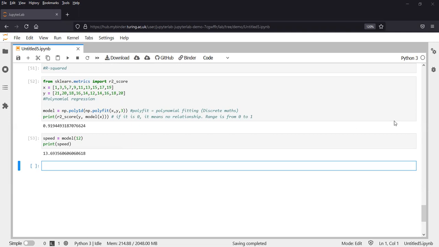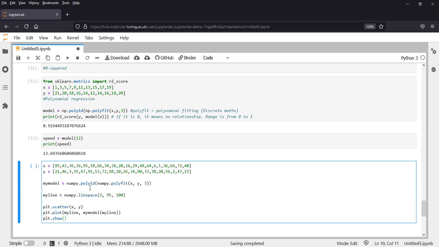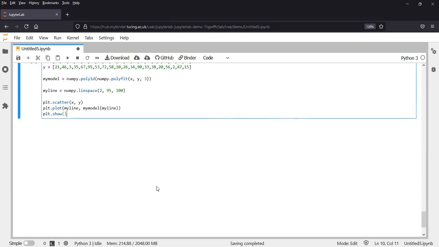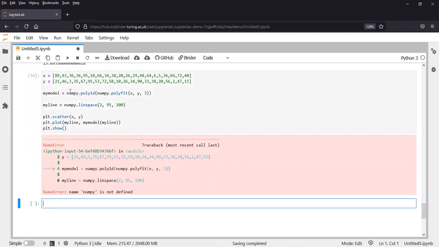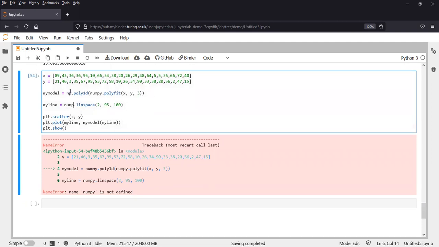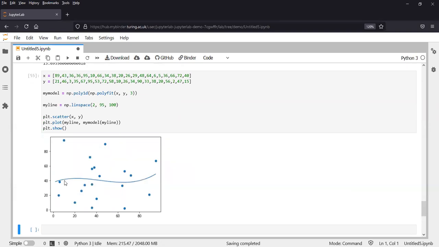Let me show you a bad example of a bad relationship. You can see the graph here. It's really messy. The points and the line, the relationship is really bad.